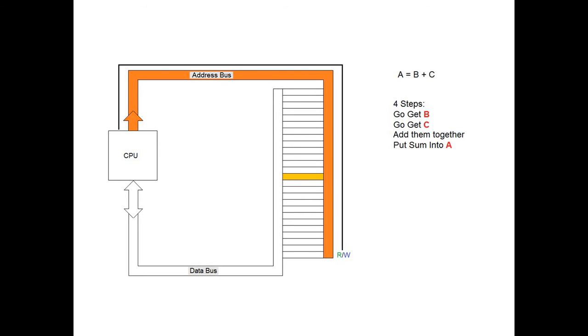Once it has the answer, it puts out onto the address bus an address that's going to point to the memory location for variable A. The CPU then puts out onto the data bus the answer to the equation, and then activates the read-write line, this time in the write direction. And that memory location A will take in whatever is on the data bus and store that number internally.